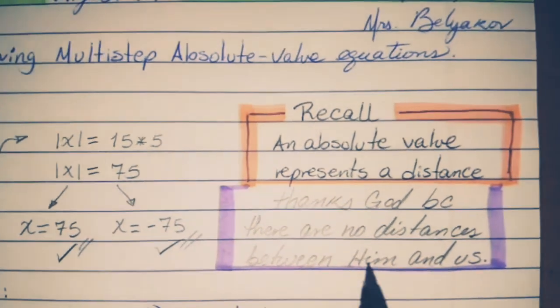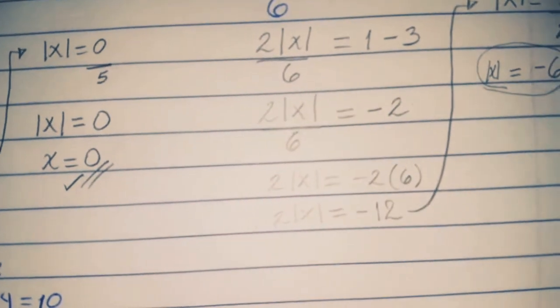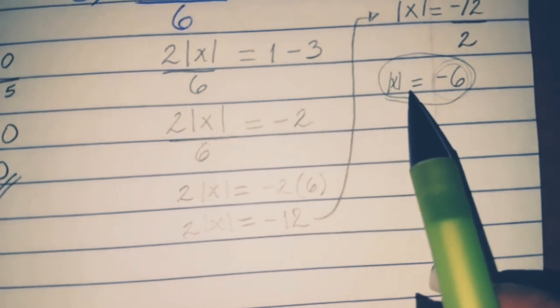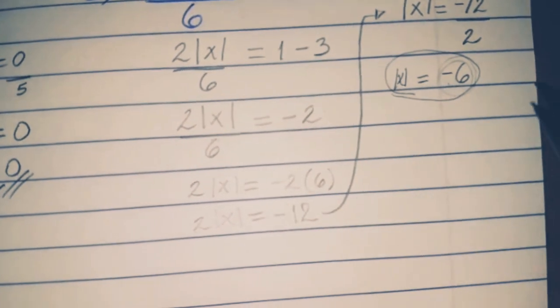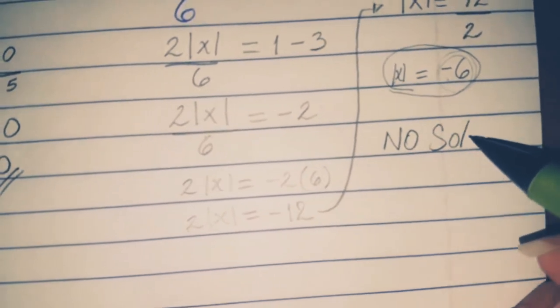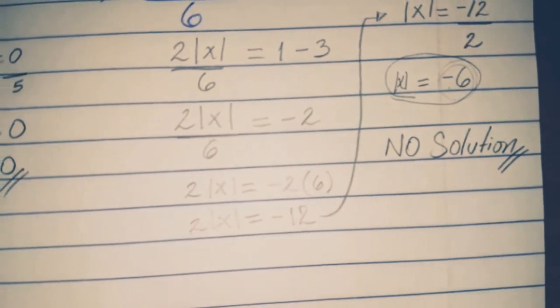And we read at the beginning that an absolute value represents a distance, and there are no negative distances. So when I get to a point where it says absolute value of a number equals a negative number, then we can write that there is no solution, because there are no negative distances.